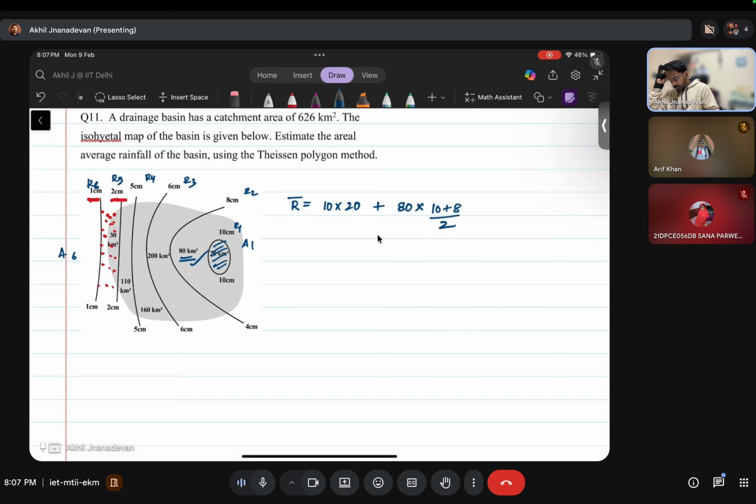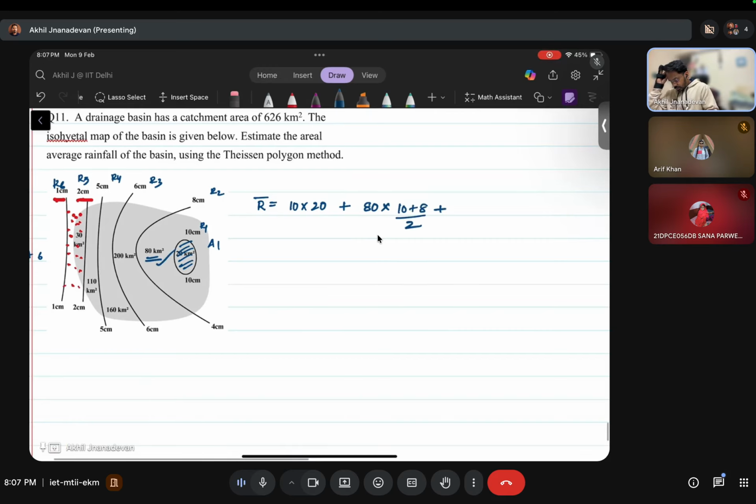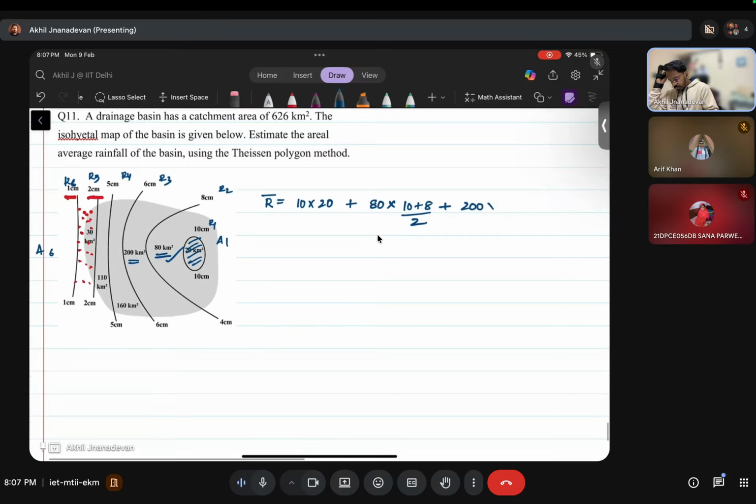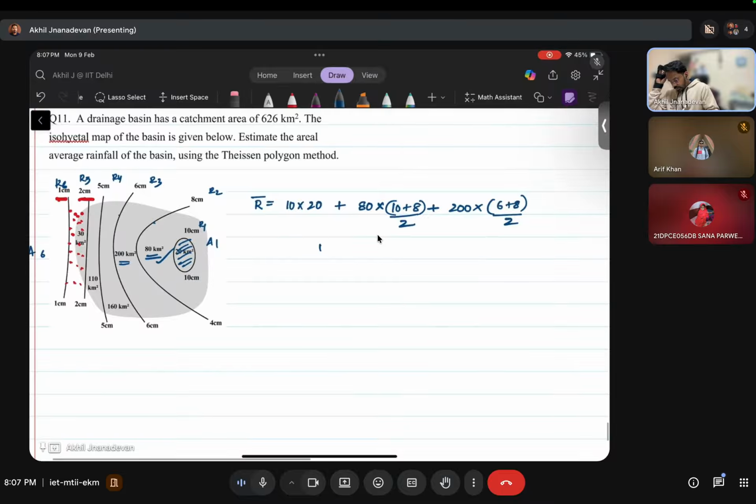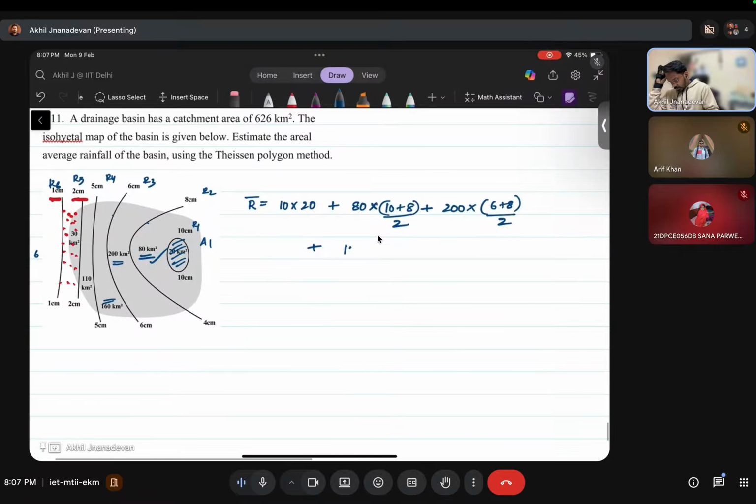So this area is done. Let's move on to the next area. The next area is 200, so 200 into the average precipitation. It is enclosed by 6 and 8, so 6 plus 8 by 2 is the average rainfall. The next is 160 kilometers or so, 160 into 5 plus 6 by 2.